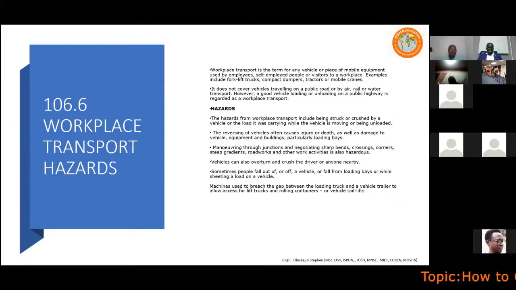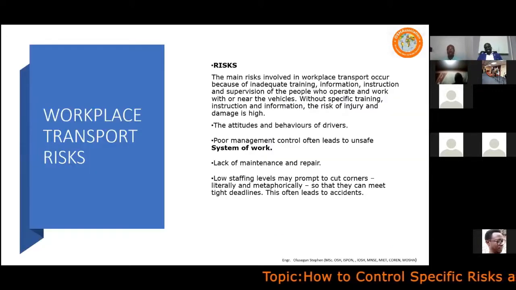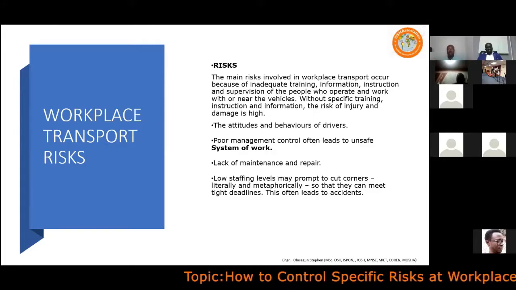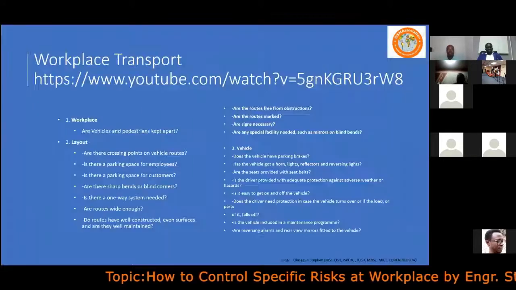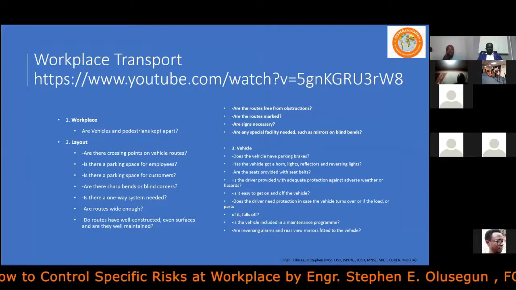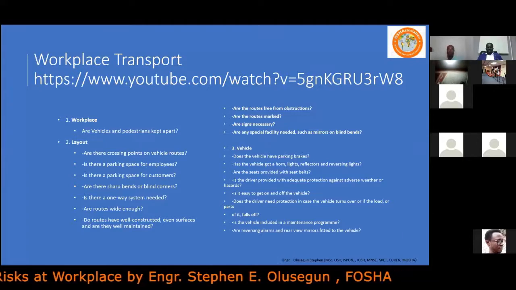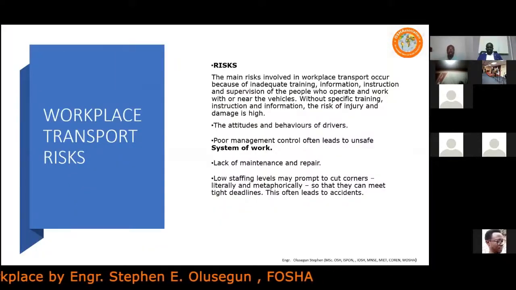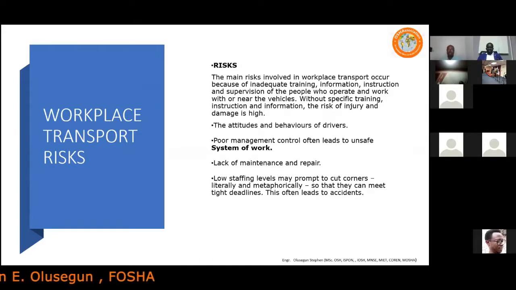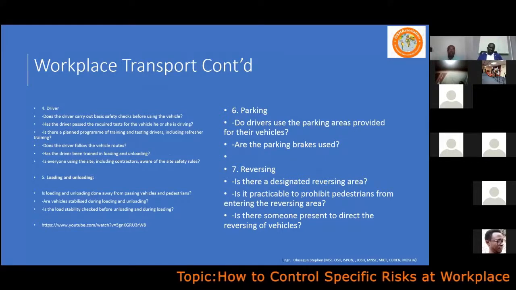Okay, workplace transport. I think we might have to go and read this one, because I want to look at the last one. You have the note and I put quite a lot there for us. When you're talking about workplace transport, you are talking about another very big aspect: the driver, the loading and unloading, the packing, the reversing.